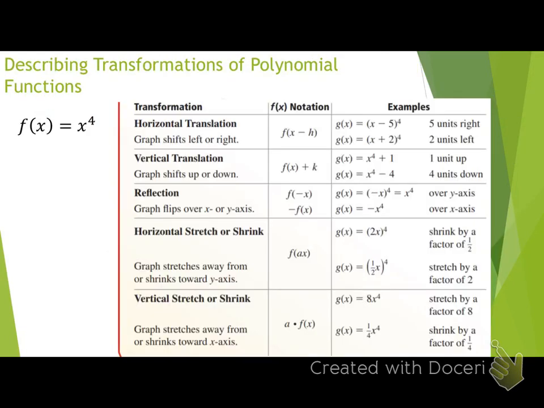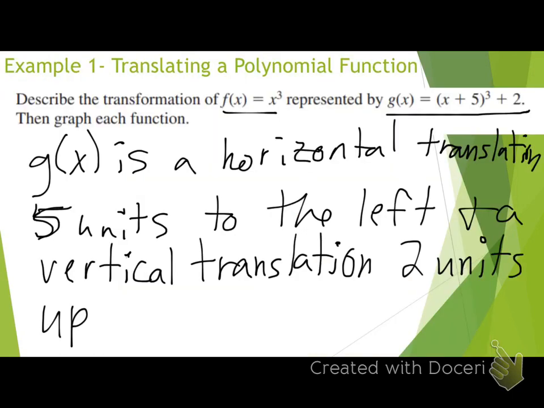No. So I can tell based on these formulas, I had something inside the parentheses adding or subtracting, so it's a horizontal translation. I had something adding outside the parentheses, so that's a vertical translation. I didn't have negative x outside or inside the parentheses, and I didn't have my function being negative. I wasn't multiplying x by anything inside the parentheses, and I wasn't multiplying my function outside the parentheses. So I know those are the only 2 transformations going on.